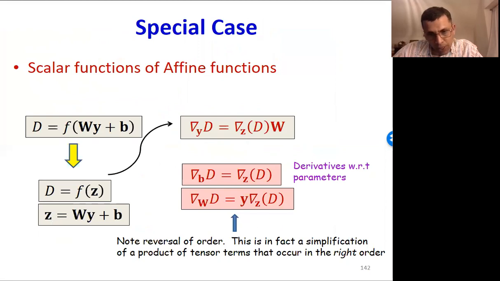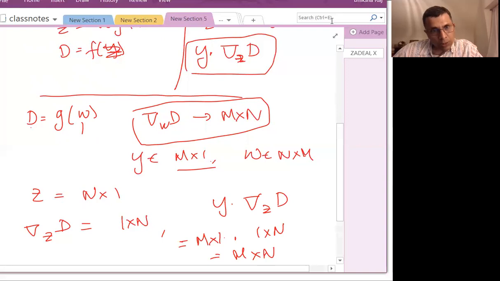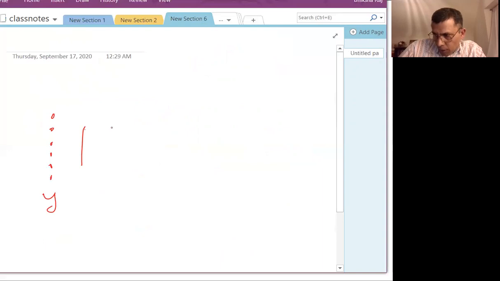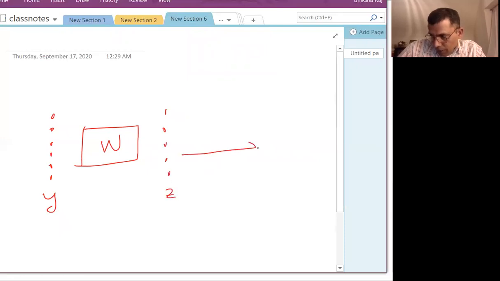Now there's a different way of visualizing it, which is much more useful to us. So let's say in a network, I have some set of y's which are being operated on by a matrix w to give me some affine value z, and assume that all of these z's eventually are used to compute a scalar value d.